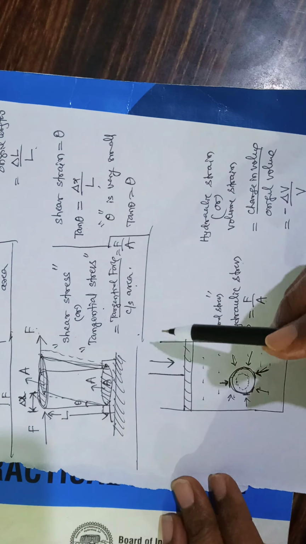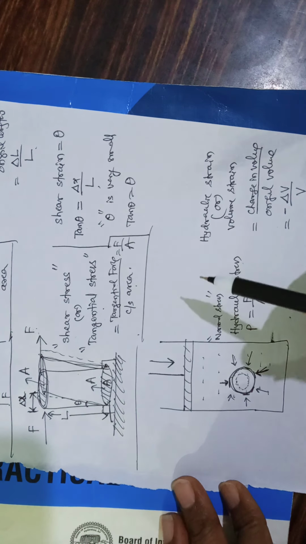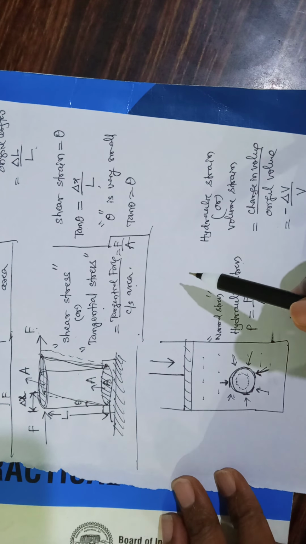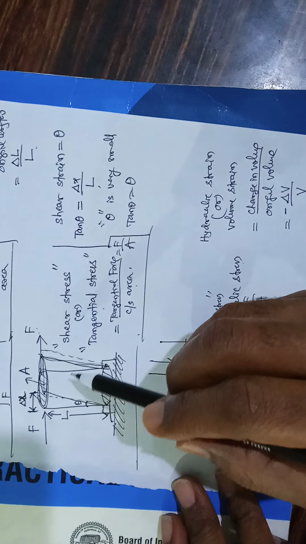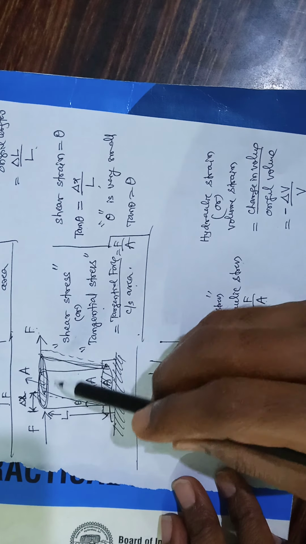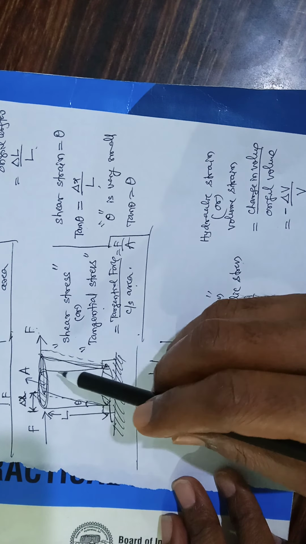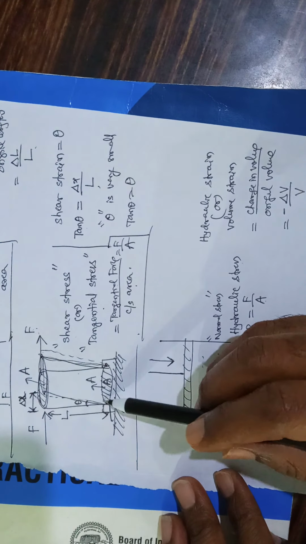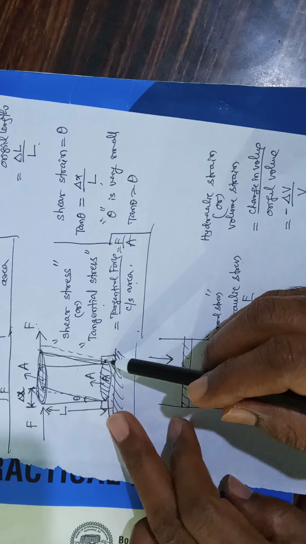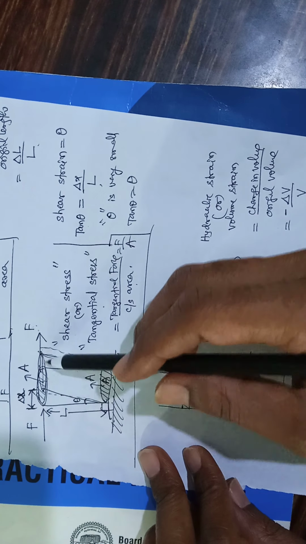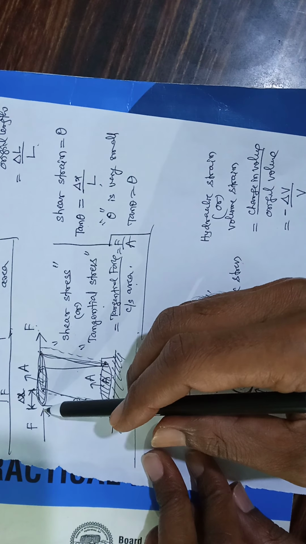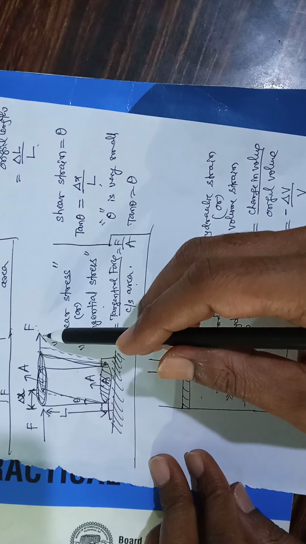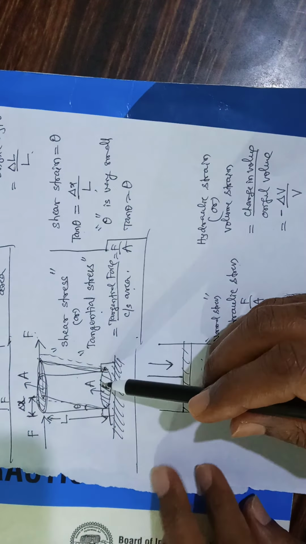We are measuring the change in shape scientifically by measuring the displacement in the upper face compared to the lower face. See, the lower face is fixed and you are applying force on the top face. So by how much amount the top face is displaced, that is delta x.